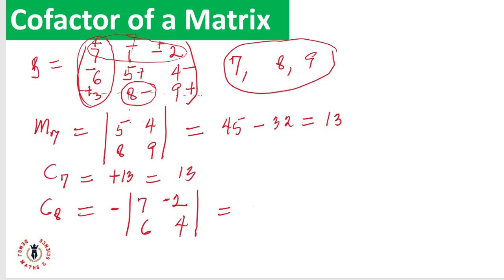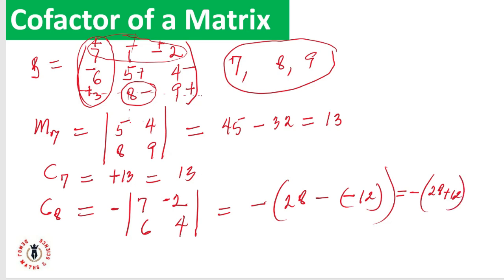That equals minus into 7 times 4, that's 28, minus minus 2 times 6, that's minus 12. That equals minus into 28 plus 12. Obviously, that equals minus 40.